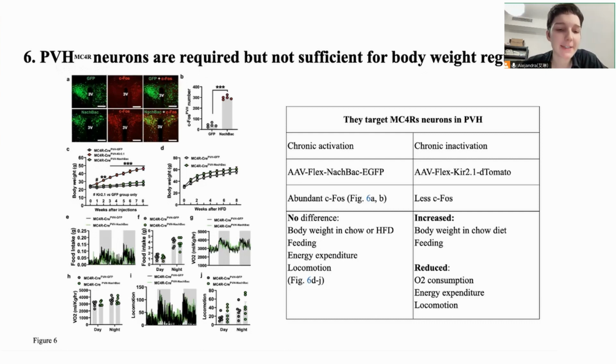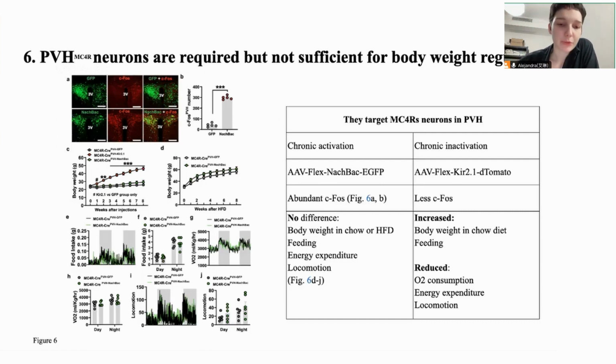To further verify the effect of melanocortin action on body weight regulation, they tested the role of MC4R, which is known to primarily mediate melanocortin action on body weight. As the paraventricular hypothalamus is the major brain site that mediates MC4R action on body weight regulation, they targeted MC4R neurons in there.